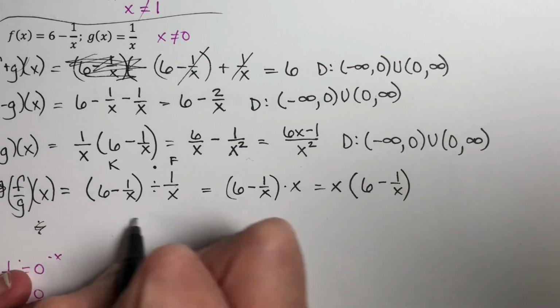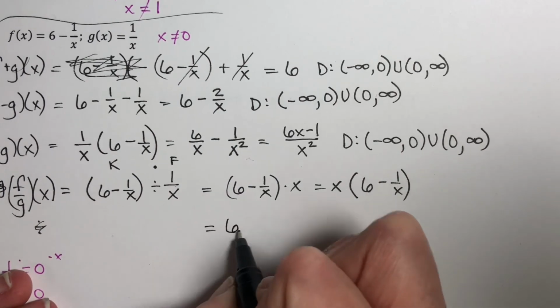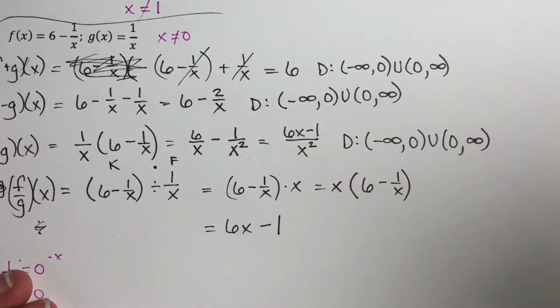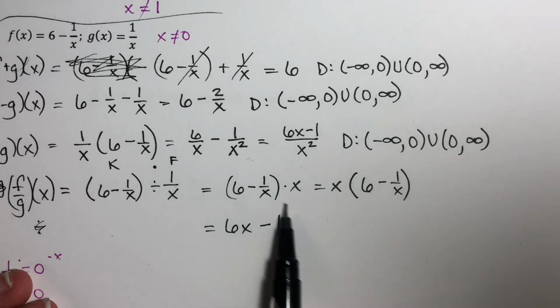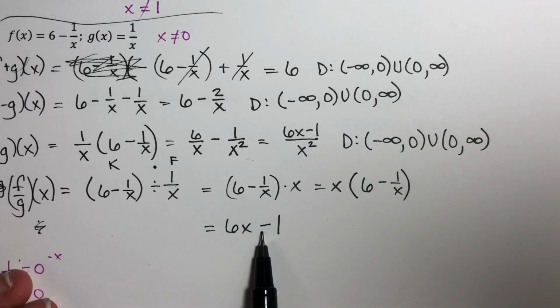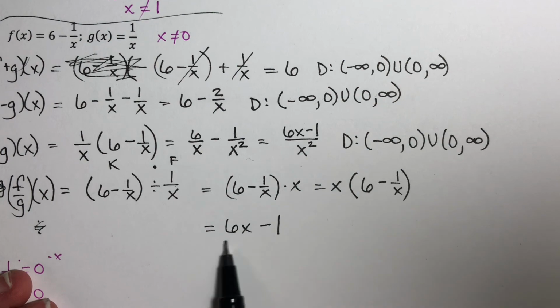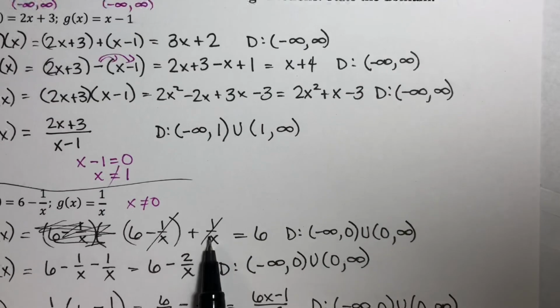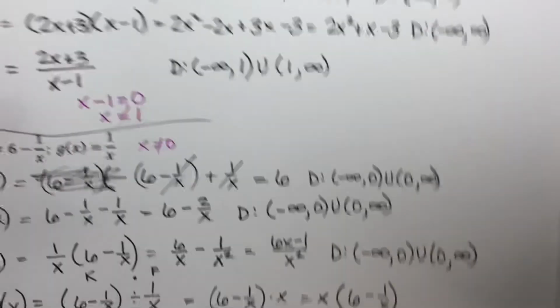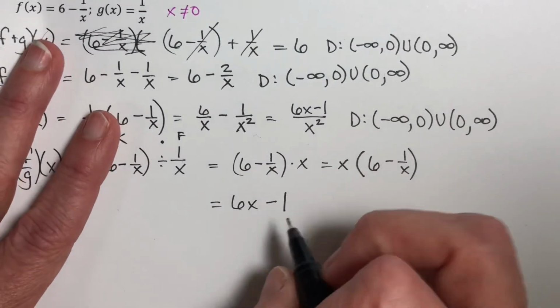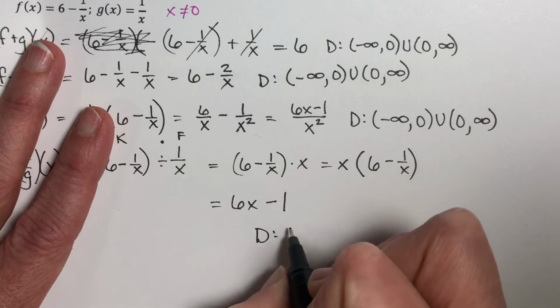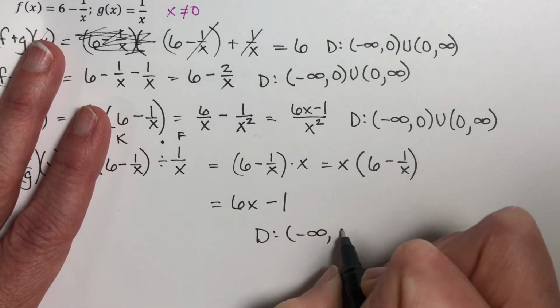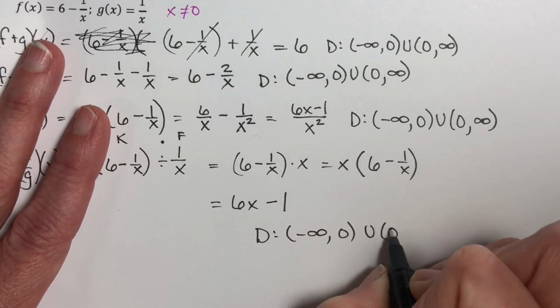And then if you distribute, you get 6x minus 1. Now, did this add any additional issues? No, because there's no denominator here, there's no radical here. And again, our quote-unquote problem disappeared, but we still cannot let x equal 0. So the domain here is still negative infinity to 0, union 0 to infinity.